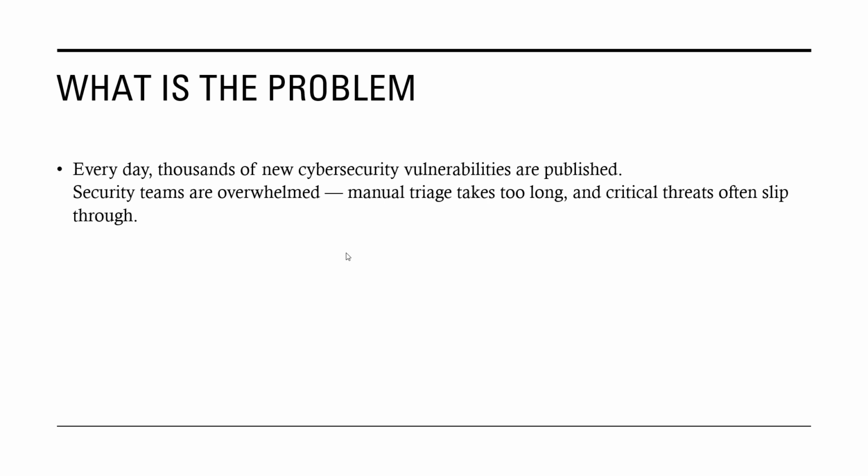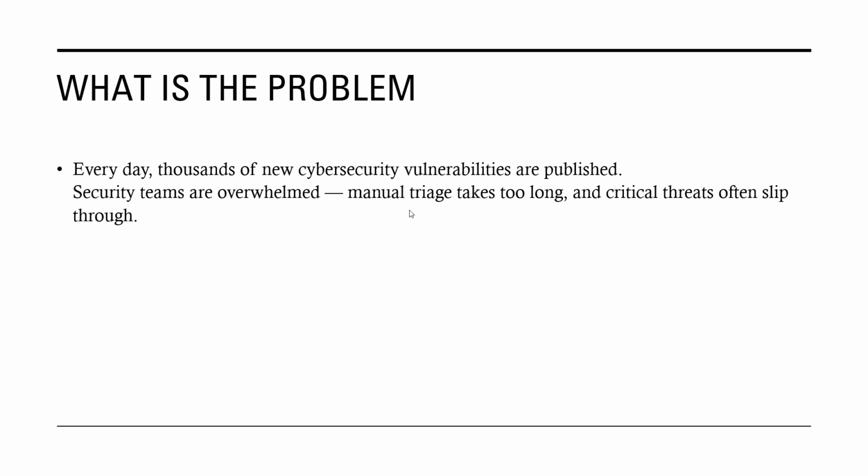There are thousands of new vulnerabilities published every week, and security teams are generally very overwhelmed because they have to either use their own set of scripts or code to triage these vulnerabilities and make sure that nothing is slipping through and that they're only looking at vulnerabilities that are relevant to their tech stack.